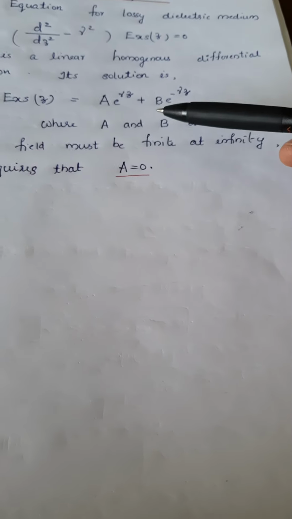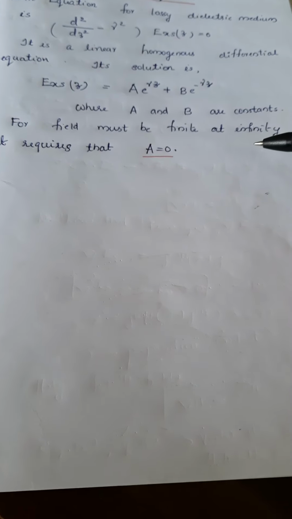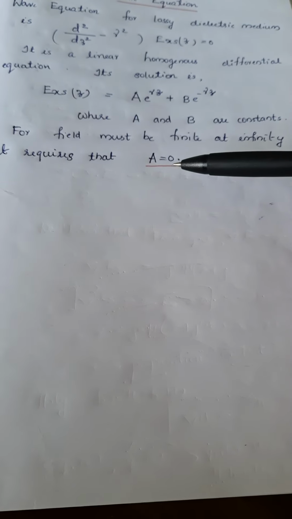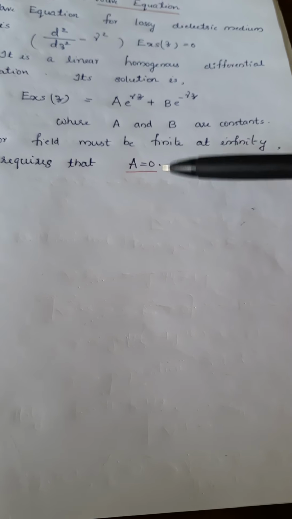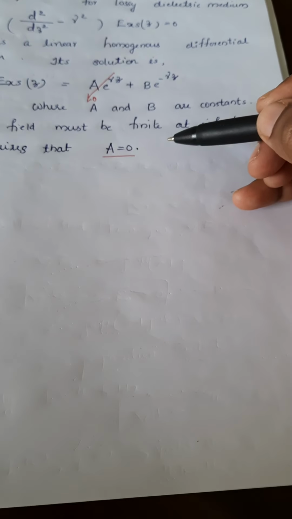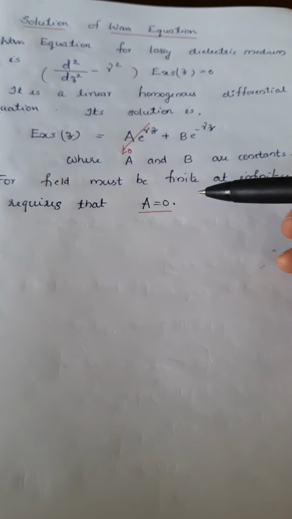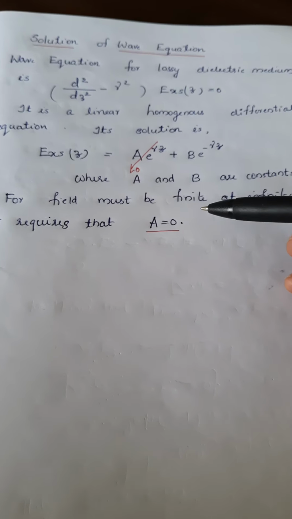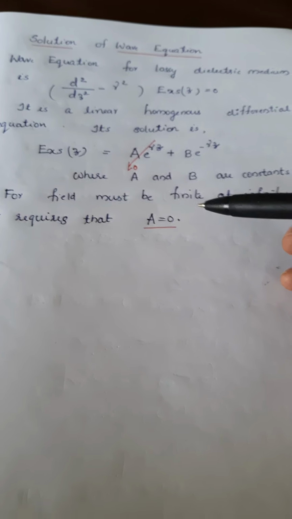So in our case, the field must be finite at infinity. It requires that this A is 0. So this component becomes 0. And also this wave is propagating along az direction.